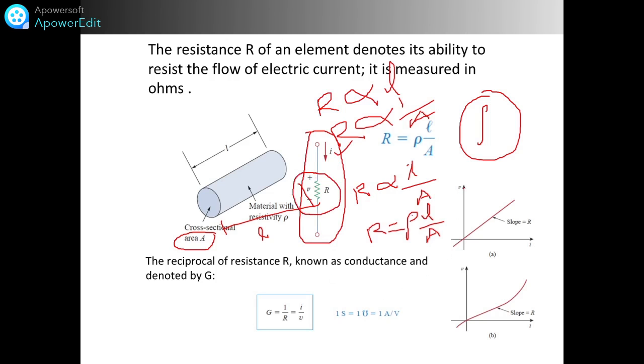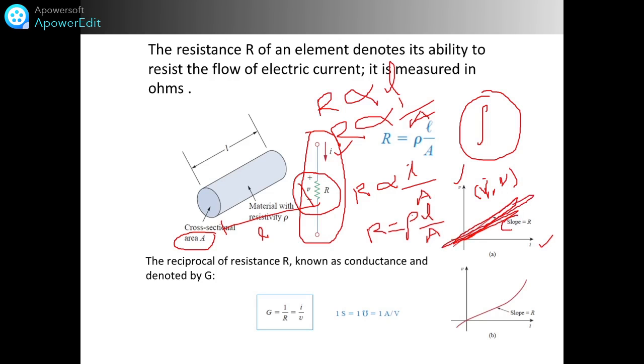So we all know the coordinate system. If V is considered on the y-axis and I on the x-axis, the coordinates of voltage and current give a line passing through the origin.